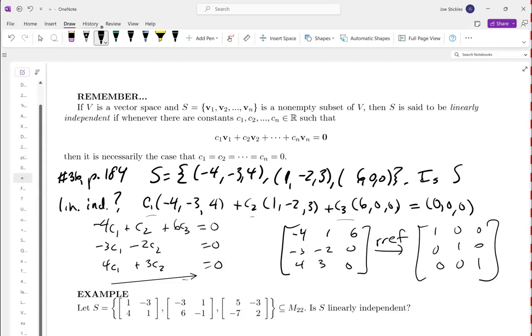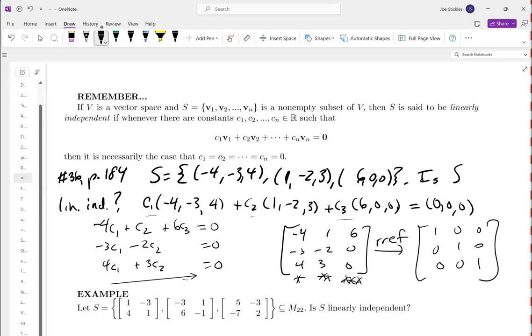All right, any questions about what we did here, how we formed this? Notice again, do you see any connection here with the columns and the original vectors? Notice we made the matrix by making them into columns again, right? Same idea we did for spanning. Good news is then you can check if it's linearly independent and spans at the same time.